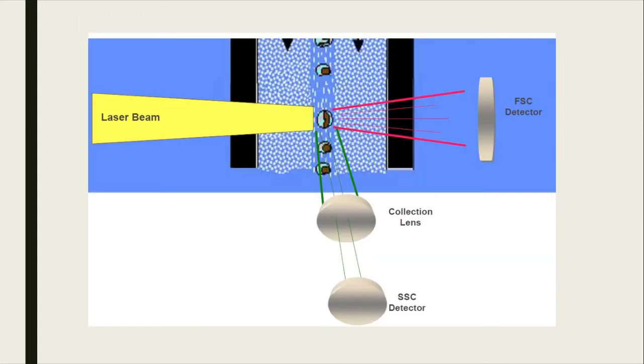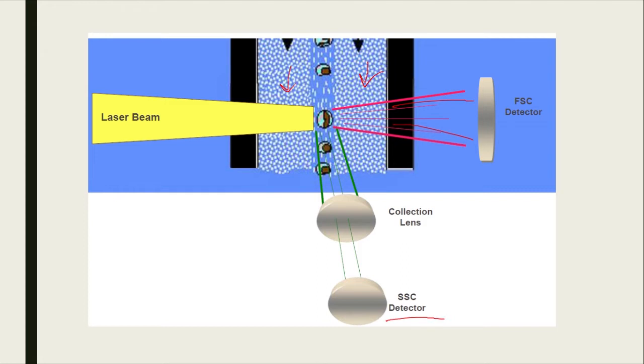So collectively, looking at the whole picture, we break it down step by step. Here we have two sides of a sheath liquid generating a force, forming a liquid tunnel, and the cells go through one by one, lining up just like little kids waiting to get on a school bus. Then a laser beam shines into each of those cells, with a forward scatter detector, and at the angle we have a side scattering detector.